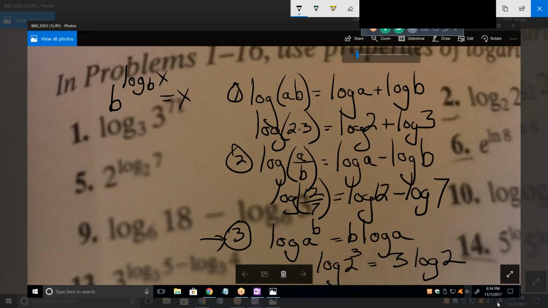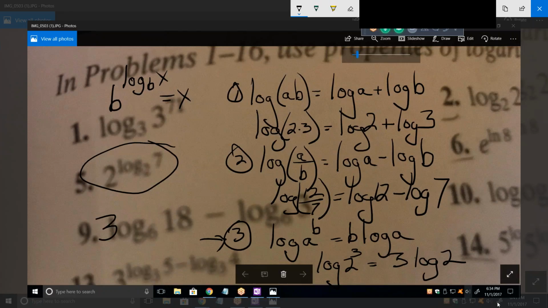So what's this equal to? There's no x there. There's a 7, so it's just equal to 7. In other words, I've got 2 to the log base 2 of 7.